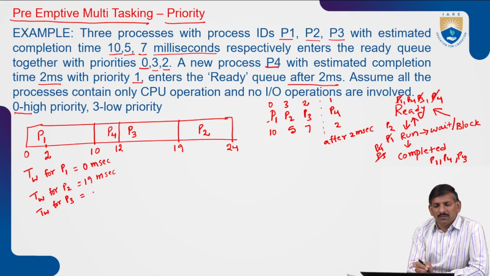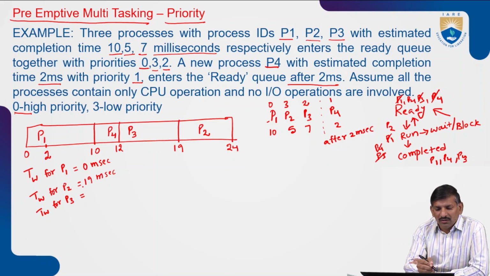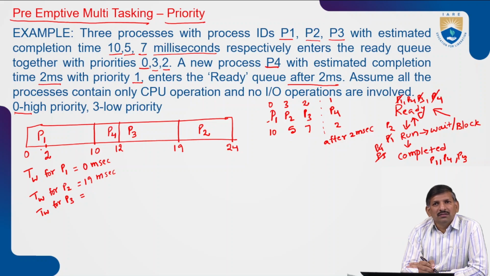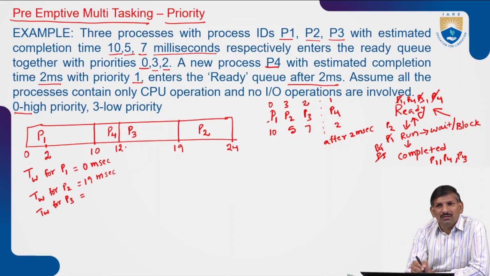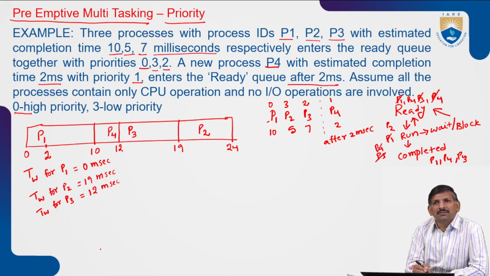Waiting time for P3. P3 enters into the ready state at the time of 0 and it is scheduled for execution at the 12th millisecond. So how much time is it waiting? 12 milliseconds. Okay.